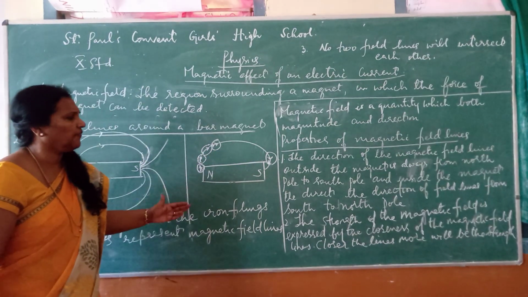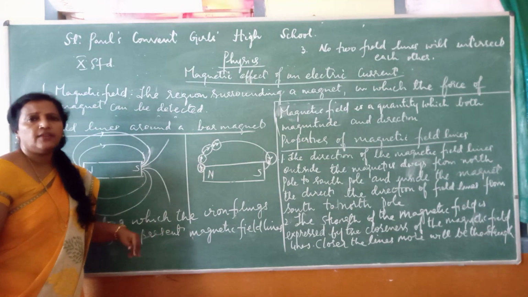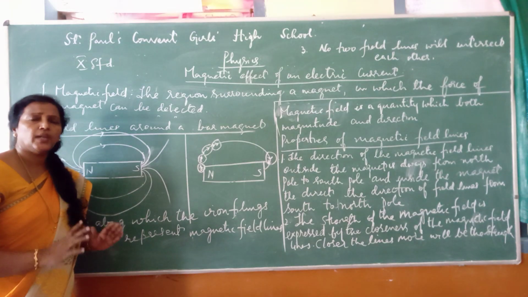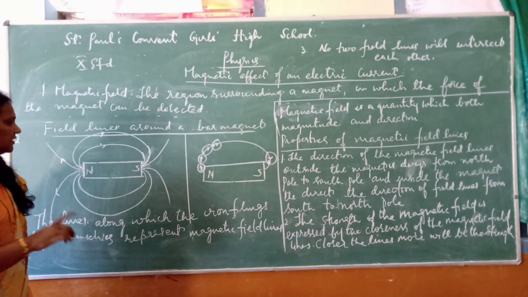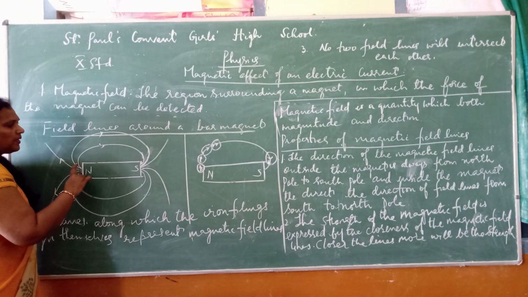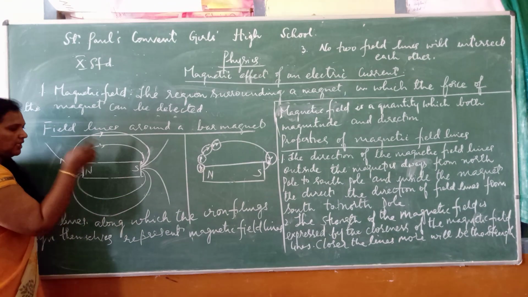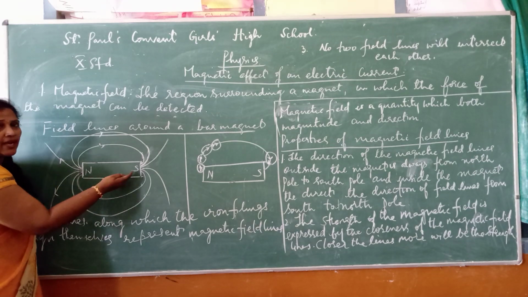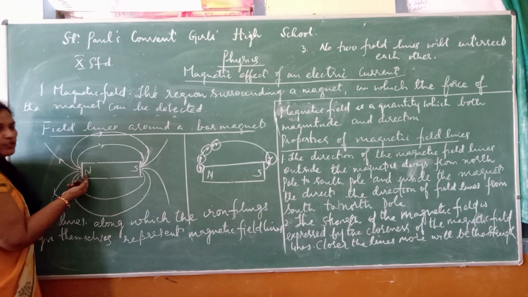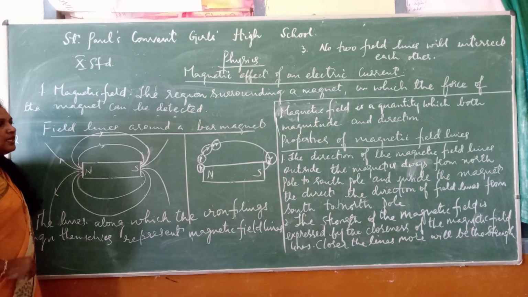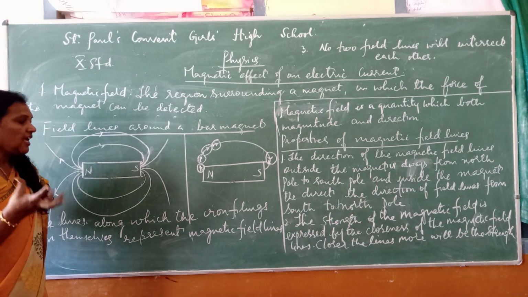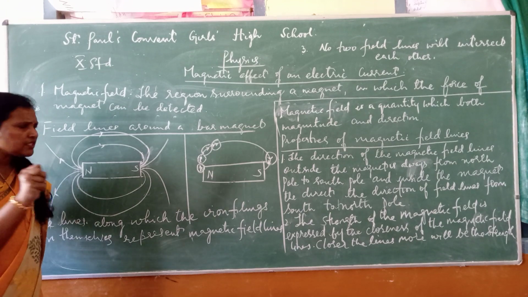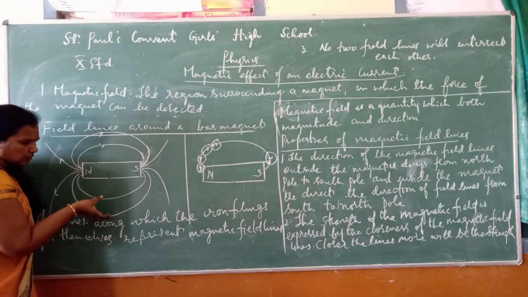And this magnetic field is a vector quantity, which has both magnitude and direction. The direction of the magnetic field lines is always from north to south pole. The direction inside the magnet will be from south to north pole. The strength of the magnetic field is expressed by the closeness of the curved lines.